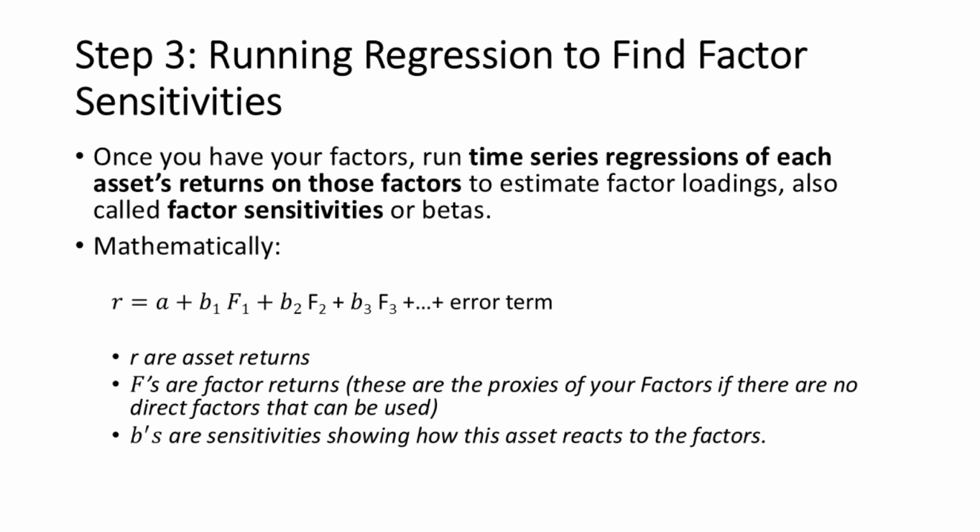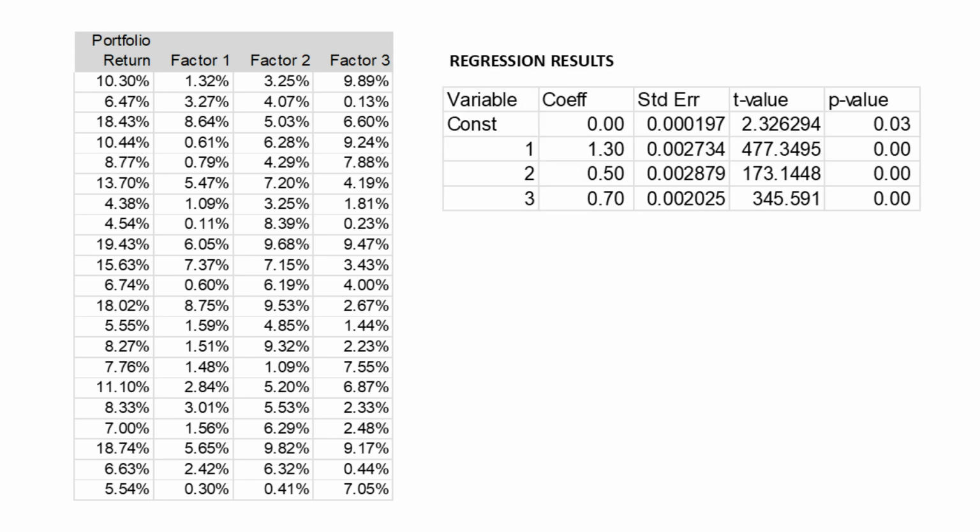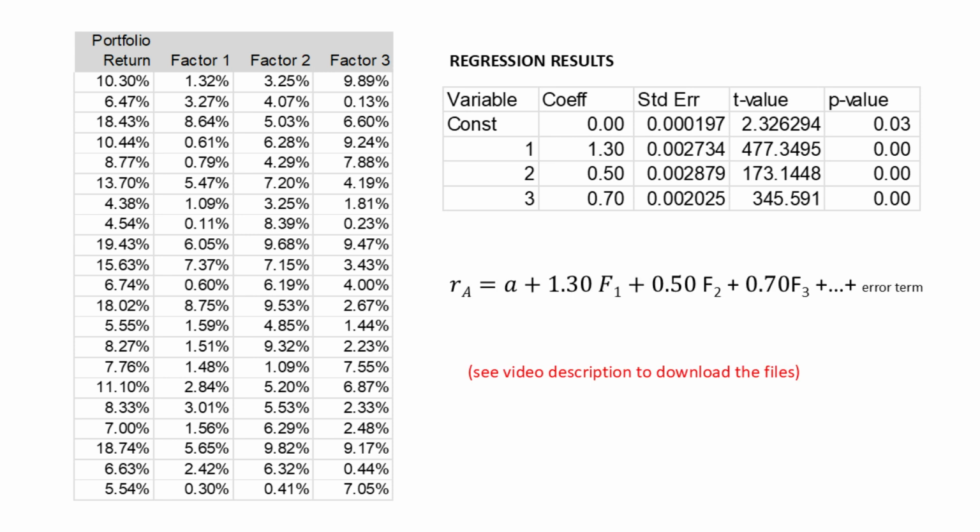So, for example, you might have this portfolio, and you want to regress it across 3 factors. You might have something like this, and the results of the regression, you're going to have this regression results, and we can put that in equation form. This is what it looks like. The data is available. Just take a look at the video descriptions down below.